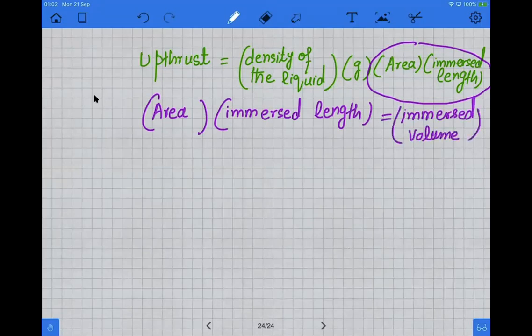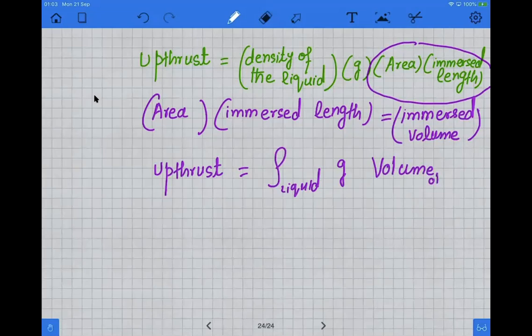So the new formula is upthrust equals density of the liquid into acceleration due to gravity into volume of the object that is immersed in the liquid. Multiplying these gives you the upthrust force that is acting upwards in fluids or liquids.